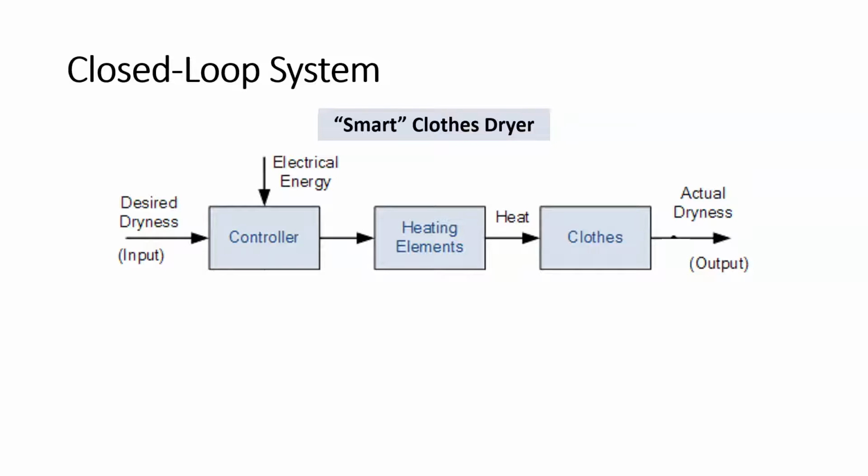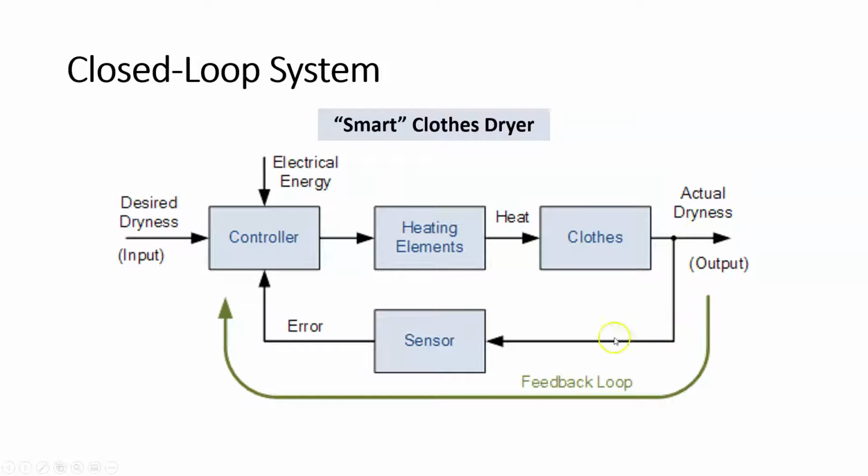We're still going to hit the on button, and the energy is still going to turn on the heating elements, and it's going to rotate the dryer. But now, instead of a time frame saying when the dryer stops and the clothes are done, we have a feedback mechanism. So now we're introducing a sensor, and the sensor is going to be positioned so that it can measure the dryness of the clothes.